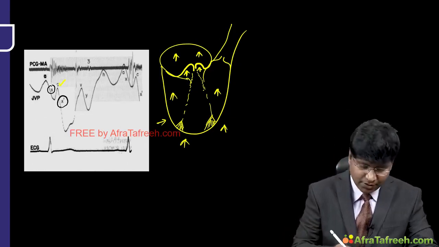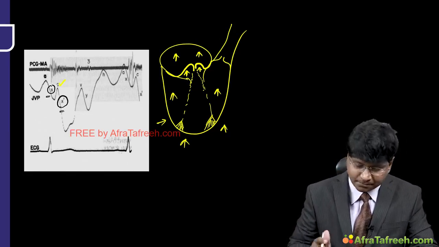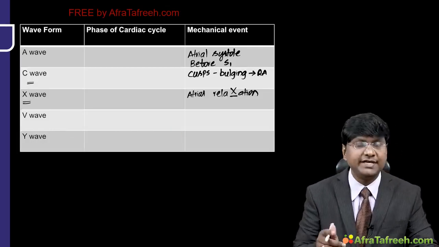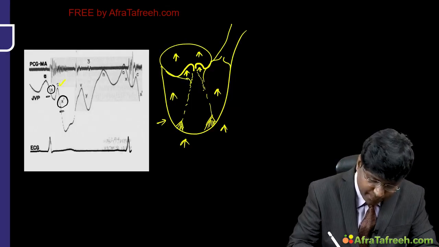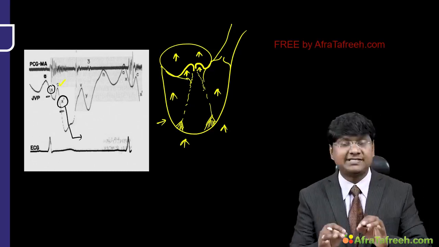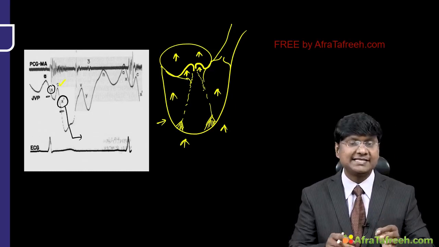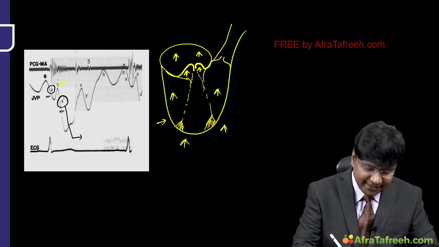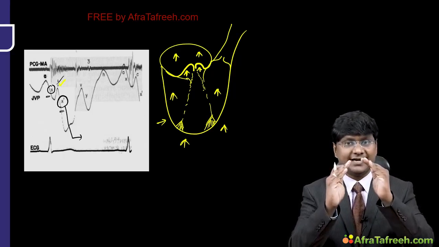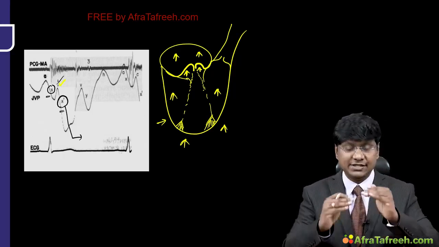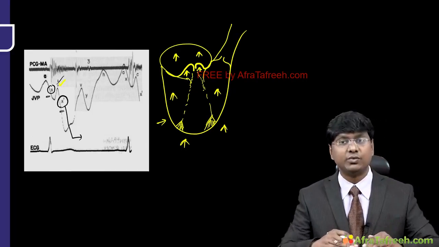Now, we were discussing the x as well as the x dash. The initial x wave is due to atrial relaxation. Now what about this x dash component? It is a part of the atrial relaxation, but during the C wave the tricuspid valve has bulged into the right atrium, and during this x dash the entire tricuspid valve ring descends downwards.